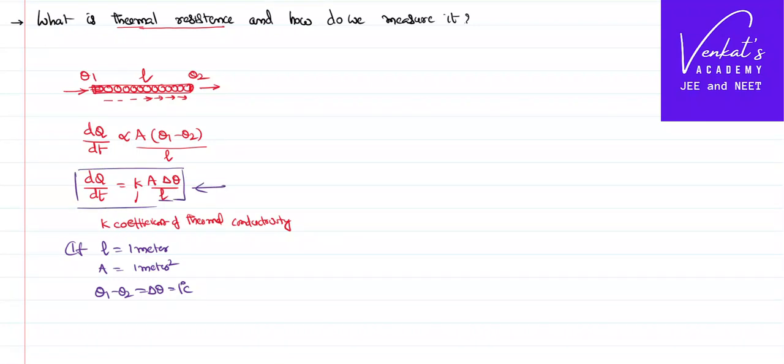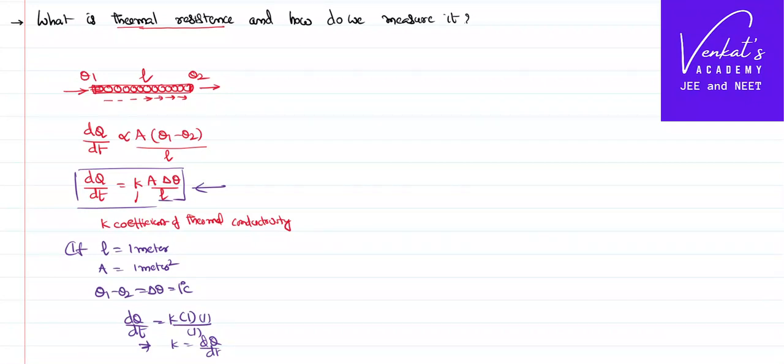What happens then? dQ by dt equals K, area is 1, delta theta is 1, L is also 1. That implies K equals dQ by dt itself. This is the definition of coefficient of thermal conductivity.